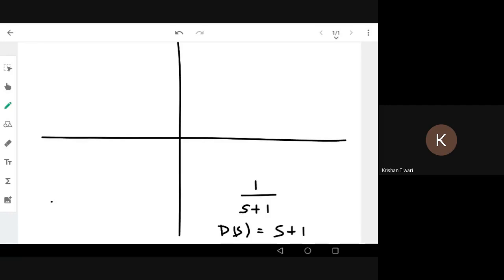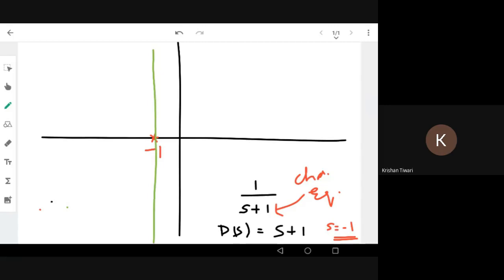This itself is the characteristic equation. The root is s equal to minus 1, right? So we plot a point at s equal to minus 1. Here the root or the pole remains on the left-hand side of the s-plane.